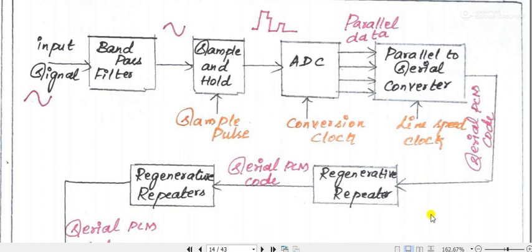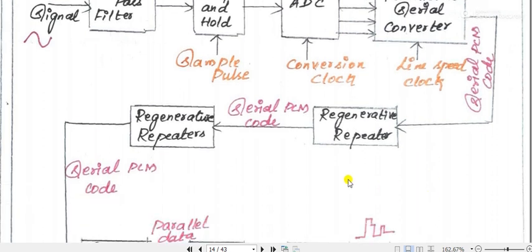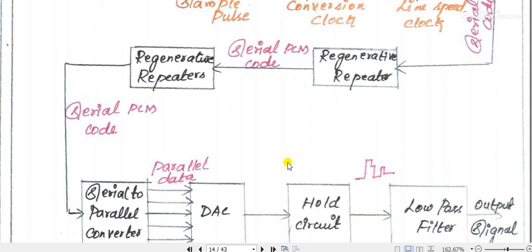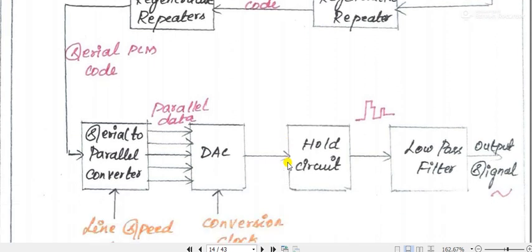In the receiver, the serial to parallel converter converts the serial pulses received from the transmission line to the parallel PCM codes.